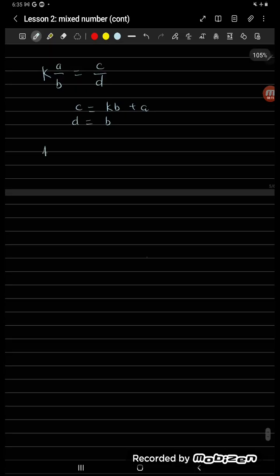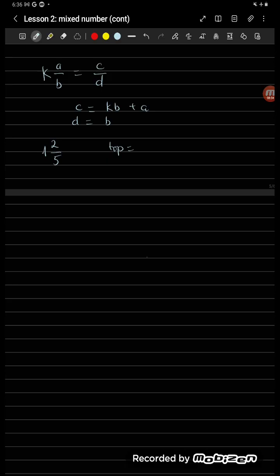If you have 1, 2 over 5, how can you convert this one? We follow this formula. The top part is the numerator, though saying top is just a short way of speaking.